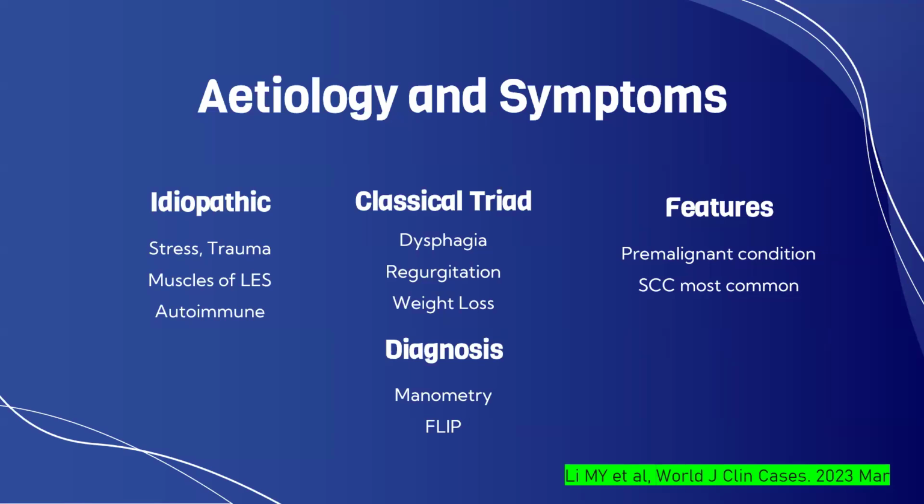Studies have found a twofold increase in prevalence of autoimmune disease in patients already diagnosed with achalasia cardia. In addition, patients with Sjogren syndrome and autoimmune uveitis are more prone to achalasia.